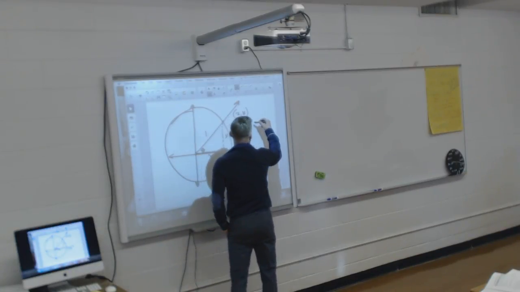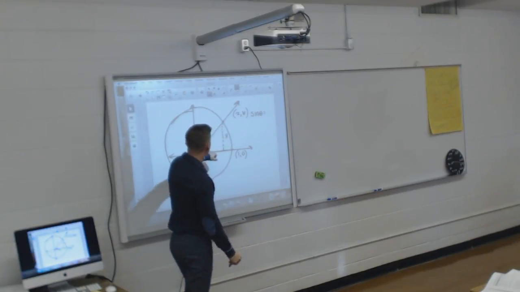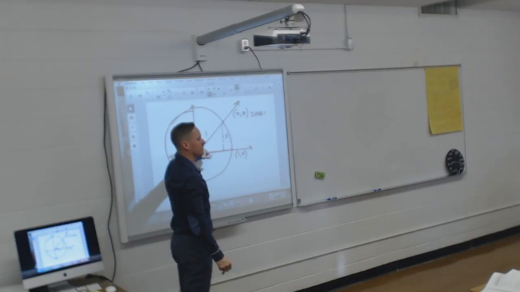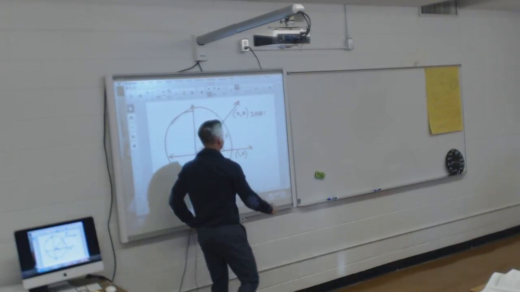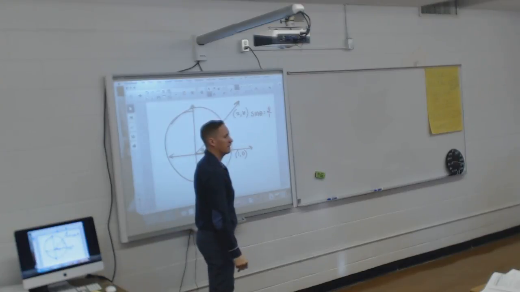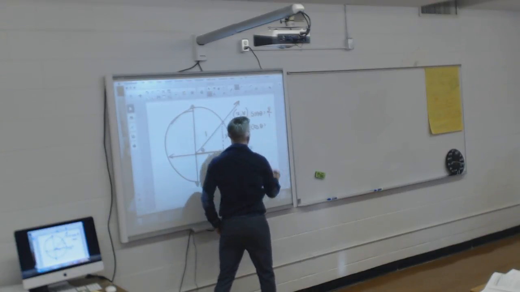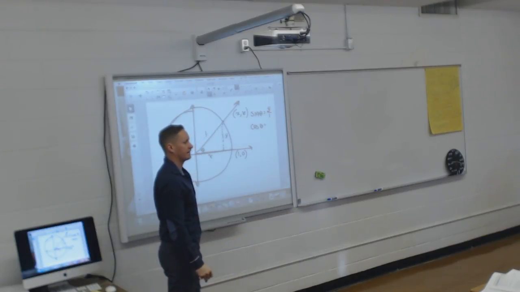Because whatever the ratio is going to be what that coordinate is right there. So let's look at the sine of theta then. What is the sine of theta equal to? Well, where's the sine across from this? Y. And what's the hypotenuse? 1. Y over 1. The cos of theta is what?